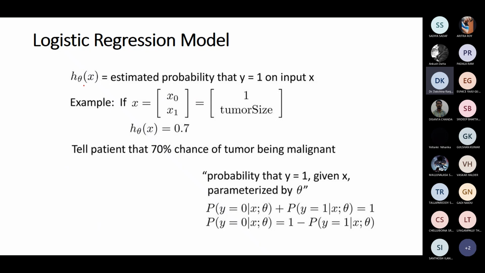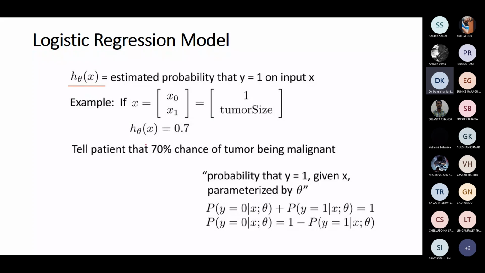That means we have to estimate the value of this hypothesis h theta x, and if the example is found to be malignant, then y will be labeled as 1, and when the hypothesis value is found to be negative, then y will be labeled as 0. Okay, so here we have to estimate the hypothesis value h theta x.